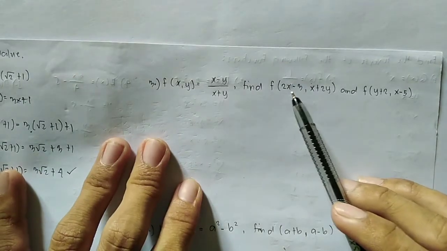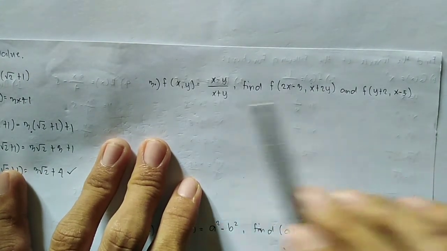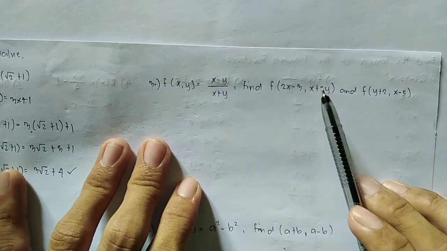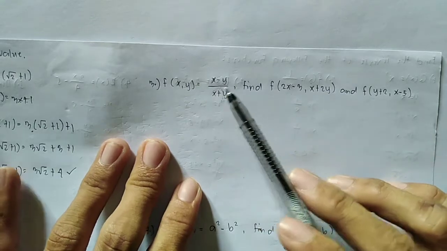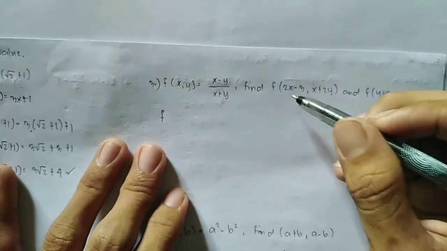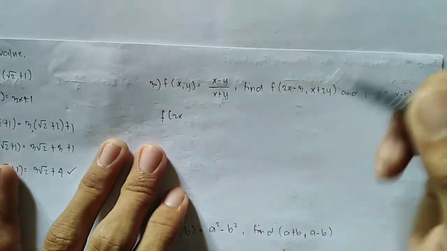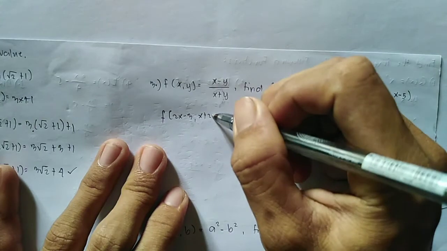So this 2x minus 3 is the value of our x here, and our value of y is x plus 2y. These are the values that we're going to replace in the original composition of the function.